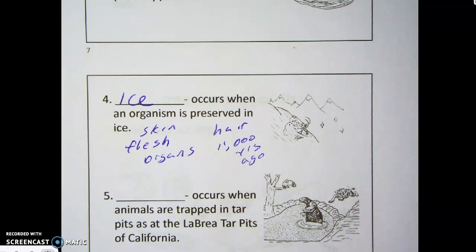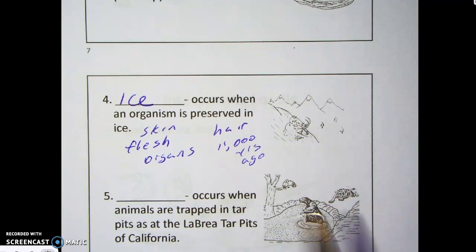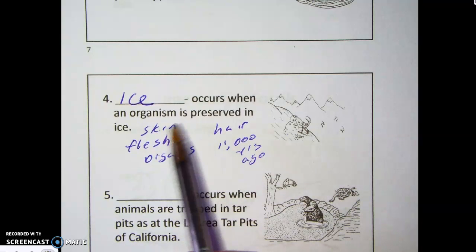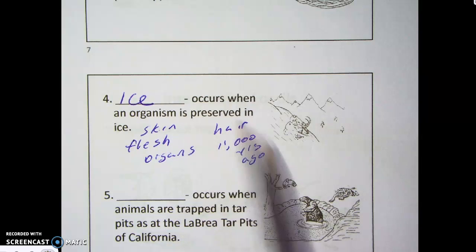The DNA structure is broken down too much, disintegrated too much in something like a dinosaur to really do that. But with something like a mammoth or a mastodon, possibly not. It's a more recent animal. It could work. Anyway, ice gives exceptional preservation. We have a record of what the skin was like, color, flesh, organs, hair, everything.